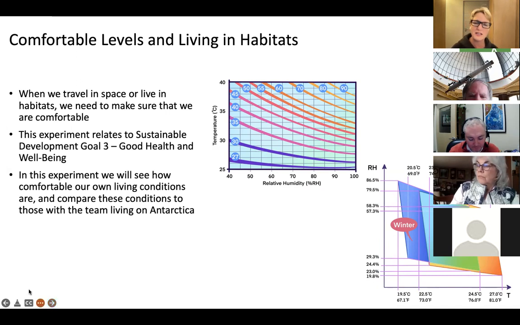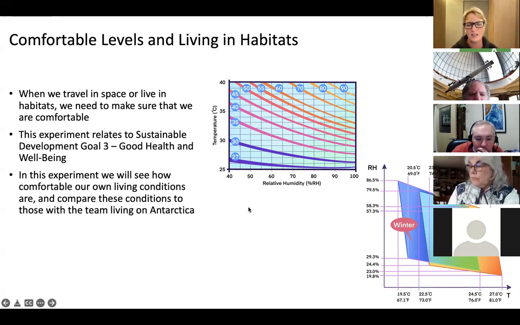So primarily it's around heat index. There's this huge formula, which I'm not going to share on the slides because it just doesn't make much sense at all, but I certainly do have it in the assignment. But there's this very large equation where we use temperature and relative humidity.